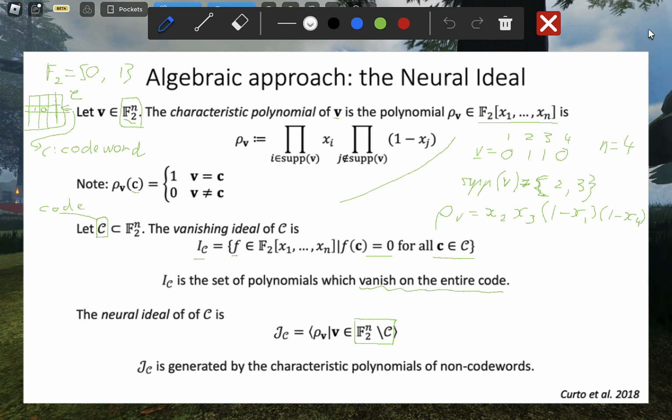That means that if you give any code word vector to this J sub c, it will be 0, and it will be 1 if not, since these are all binary variables. All of these things will give you a 1 or a 0 if you give it a vector, right? It'll be 0 if you give it something from the code, and 1 if it's not from the code.